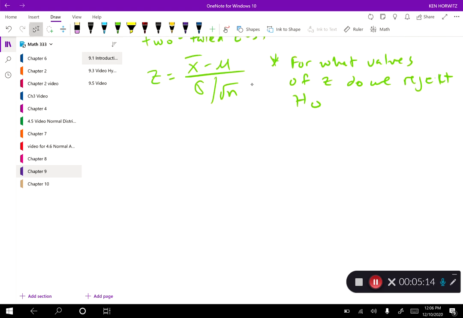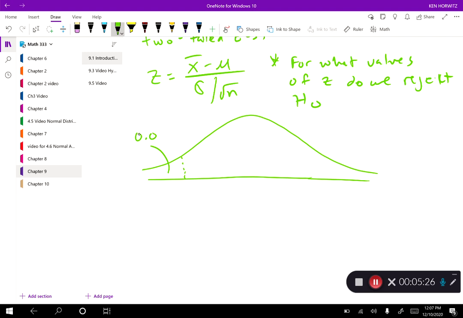Let's draw a quick picture. Two-tailed test. So here I've got 0.025, here I've got 0.025, and in here I've got the do not reject.